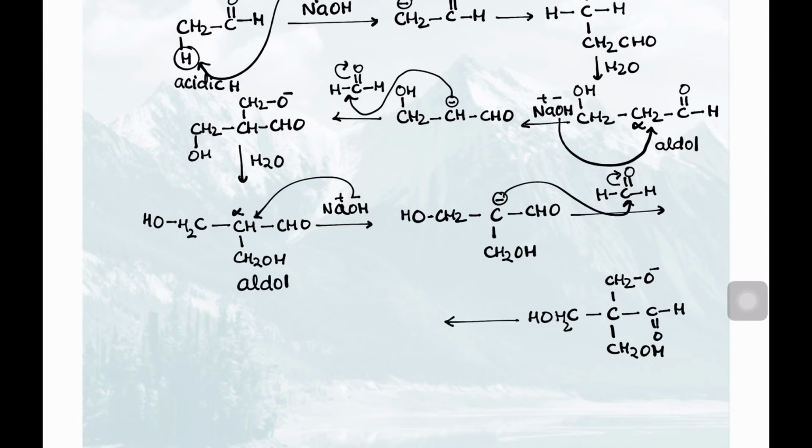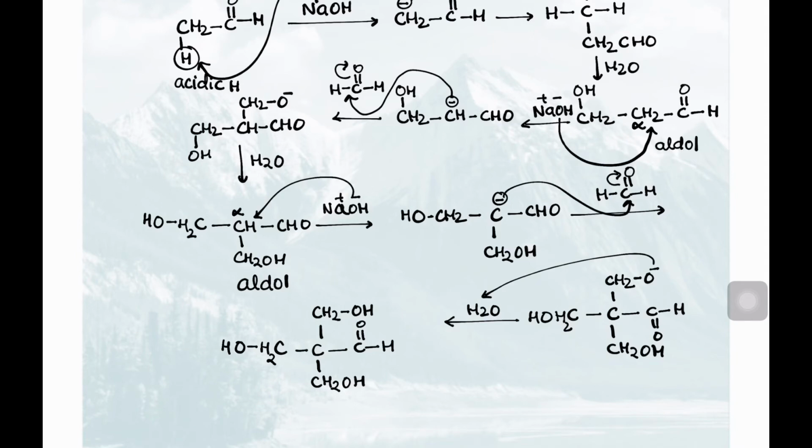Again it will take H plus from the water, this O negative, and will convert into CH2OH. Now this molecule has no alpha hydrogen left because this is the alpha carbon but there is no hydrogen left. So it has only aldehyde group.